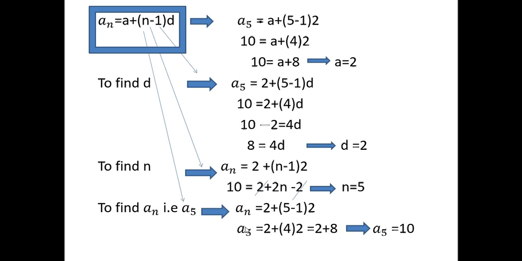An means a5, so an equal to 2 plus 5 minus 1, that is 4 into 2, which is 8. So 2 plus 8 equal to 10. So last term or fifth term equal to 10. So this formula is very useful to find all this information.